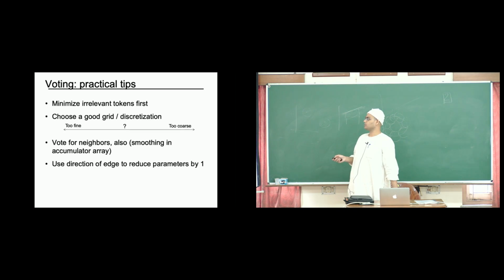Use direction to reduce the parameters by one, and we have seen this for both the line detection and the circle detection. For line detection, if you know theta, then you are looking for only one parameter, the distance.